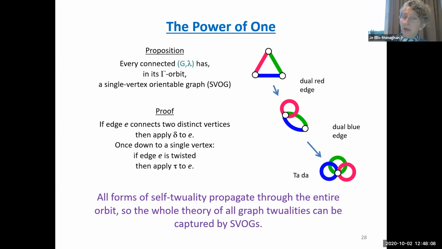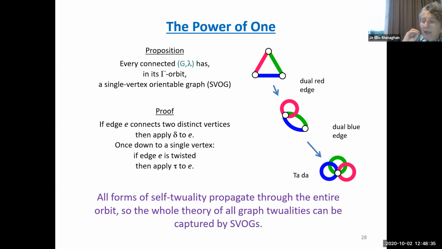Every connected graph has a single vertex orientable graph in its orbit. You just keep taking duals, because when you take a dual, it merges two vertices together, and you just keep doing that until you've sucked everything together to a single vertex. Furthermore, all forms of self-duality propagate through the entire orbit.